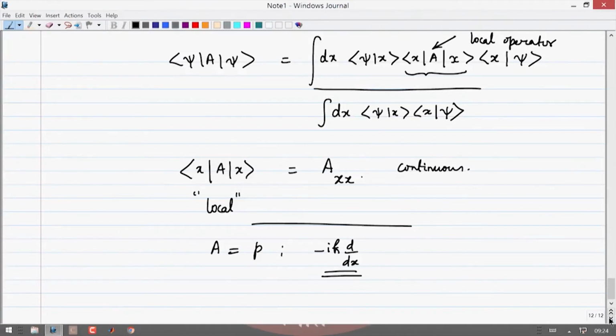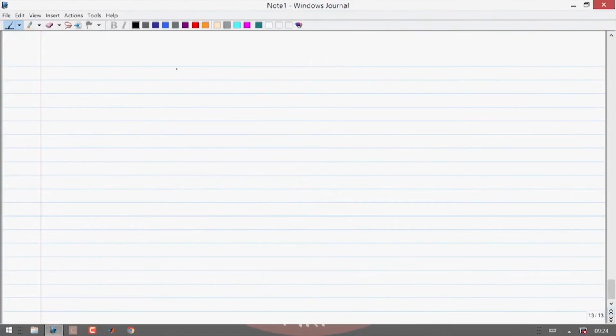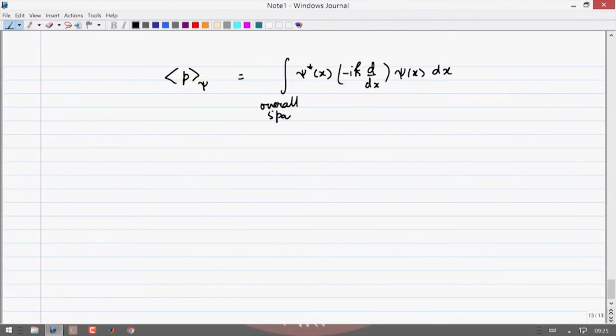Therefore, if you calculate the expectation value of P of psi, it should be the integral of psi star of x times minus i h bar d by dx psi of x dx over all space. Now, recall that this is the equivalent of A x x or P x x. This is the local property.